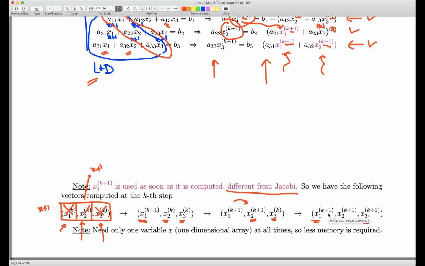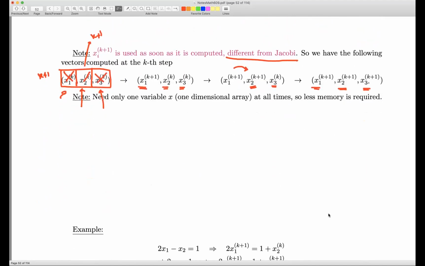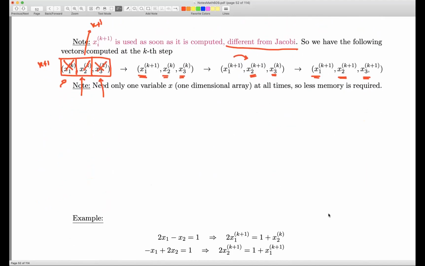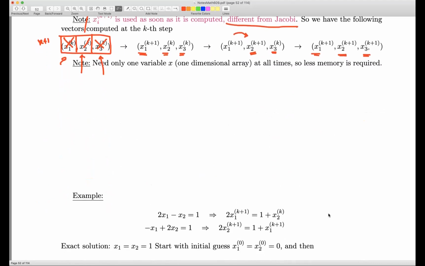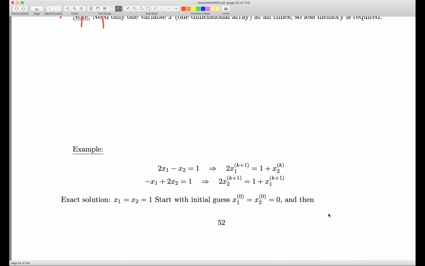So at all times, only one variable will be needed. And now, if we would like to run exactly the same example as before, as we ran for Jacobi, we know how to do it. We know that everything on the main diagonal and below the main diagonal has index k plus 1, and everything strictly above the main diagonal will have index k.